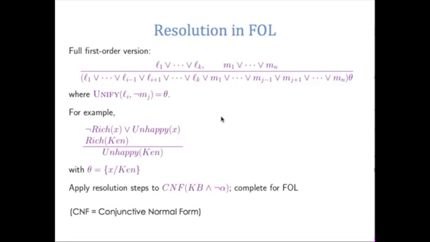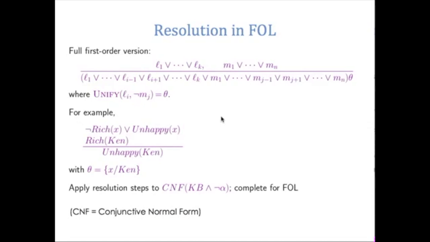Okay, so we have not rich X or unhappy X and rich Ken, and by resolution in first order logic we get unhappy Ken. Basically it's like modus ponens but lifted to first order logic. And that's true where we have the substitution theta Ken for X.